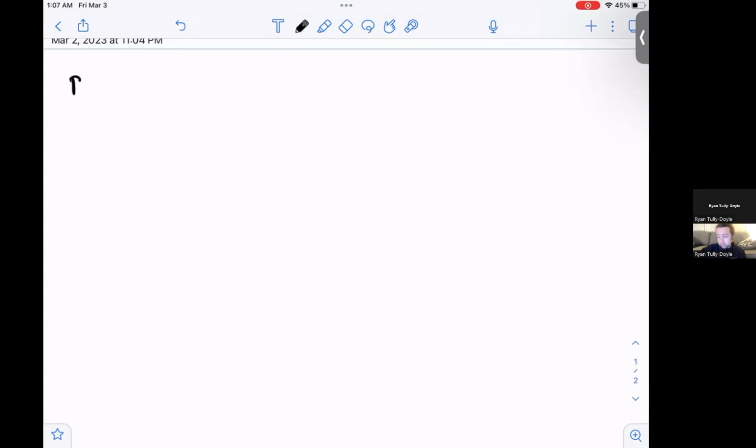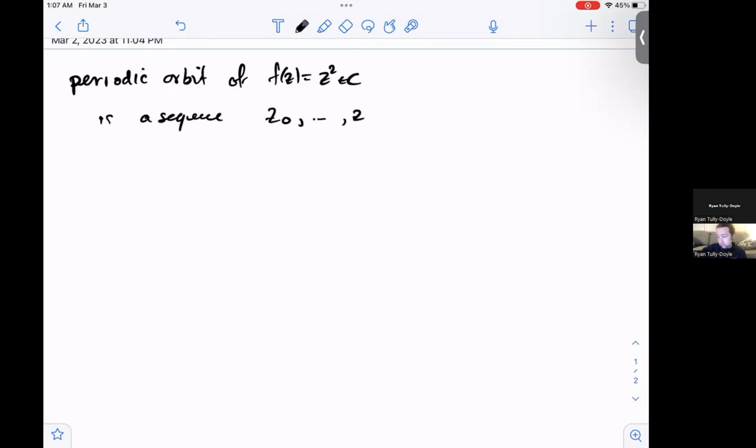So first off, remember that a periodic orbit of f of z equals z squared plus c is a sequence, say z naught up to zm, that has the property that if you start at z naught and you apply f, you get z1, and if you apply f, you get z2, and you continue down the chain until you get to zm.